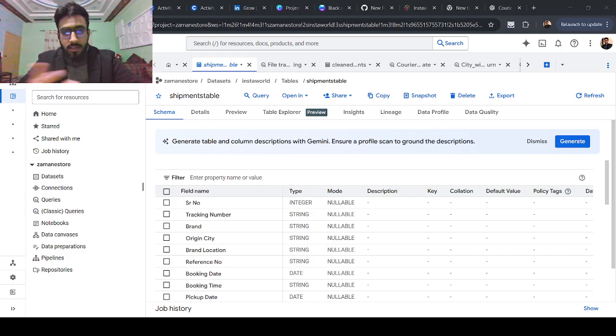So getting back to the agenda, the first would be how many successful deliveries each courier service is getting, and secondly, which cities are getting the most returns.